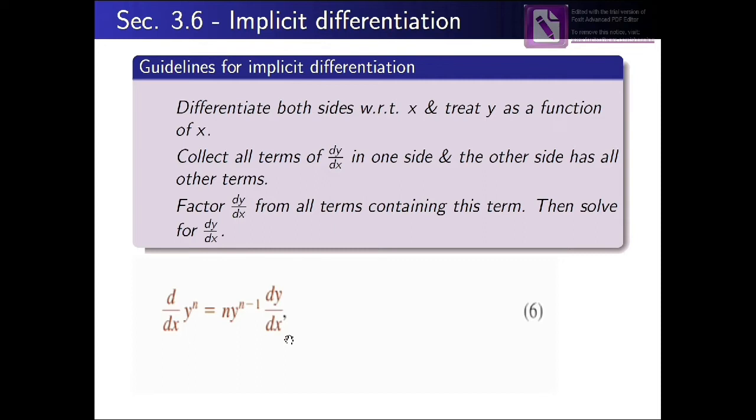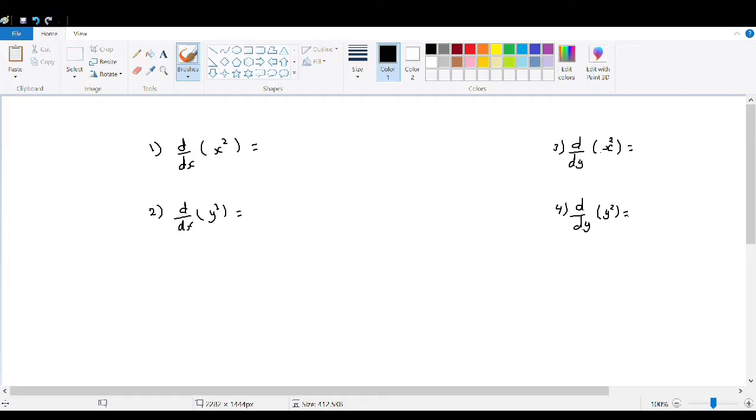Let us simplify. Here we have some hint for finding the derivative of x squared, y squared, and so on. So here we have d over dx of x squared, we have d over dx of y squared, we have d over dy of x squared, and d over dy of y squared.